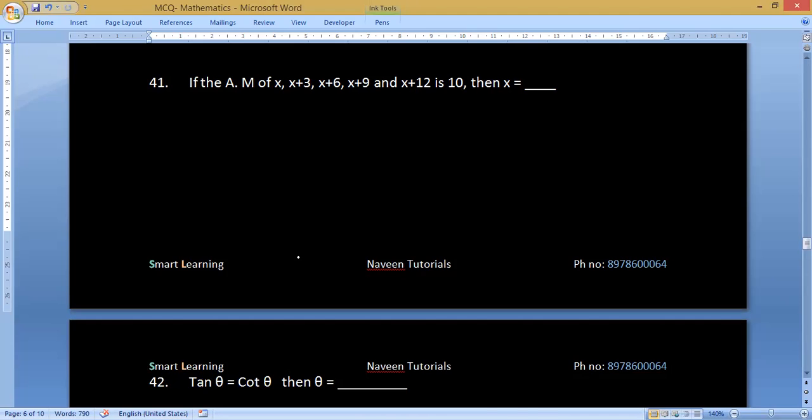So if the mean of x, x plus 3, x plus 6, x plus 9 and x plus 12 is 10. So already the mean value is given. So we have to find the value of x.